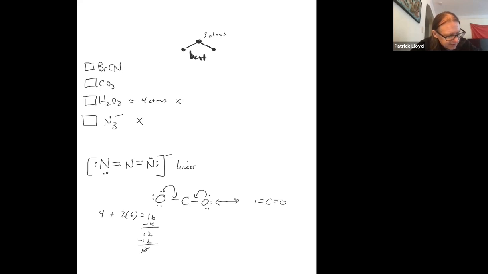But in fact, you don't even have to get that far, to be honest with you. Even if you just left them as single bonds and didn't even do the octet rule, at least you got octet on the surrounding atom. But in any case, either way, you're going to have 2 electron groups, not 3. Okay, so that means it's linear. So that's no good as well. So maybe BrCN is going to be one. None of the other 3 work out. H2O2 because that's the wrong number of atoms. But let's do BrCN.